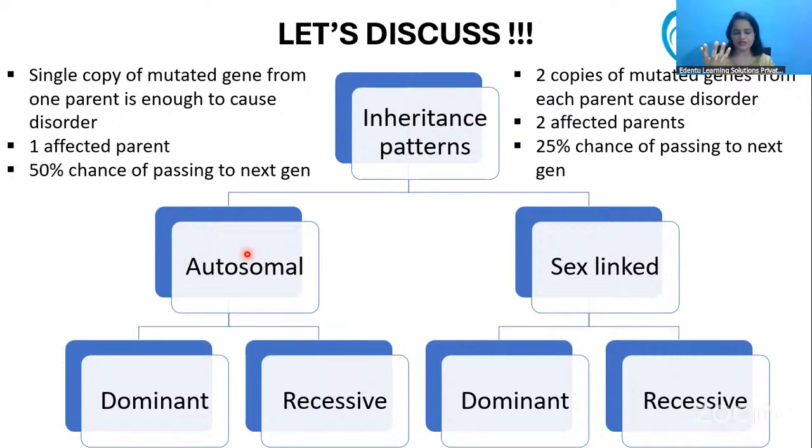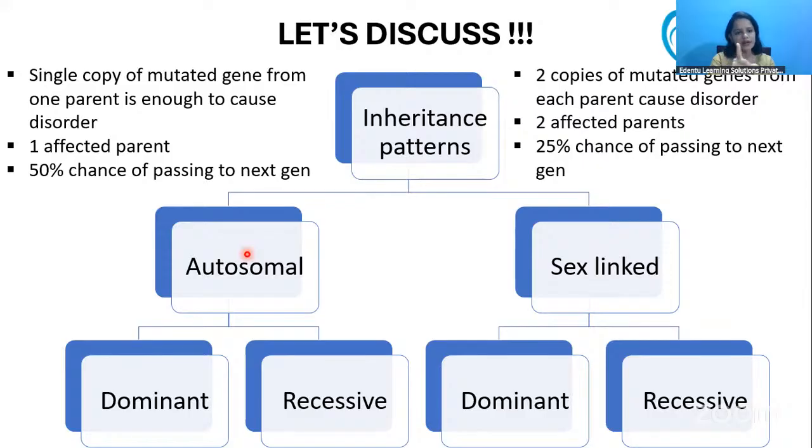Dominant inheritance pattern means if a single copy of the mutated gene is present in one parent, suppose the father is having an autosomal dominant mutated gene, that is enough to cause mutation in the progeny.